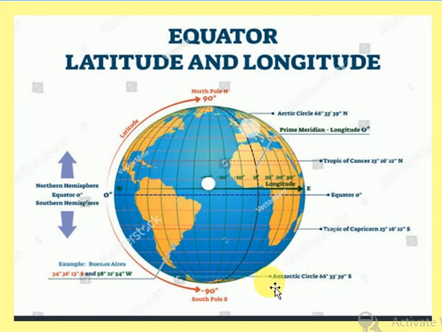On both sides you have the Antarctic, and here at North Pole and South Pole the angle is 90 degree. So above the equator is your northern hemisphere, and this is your southern hemisphere. This side of the prime meridian will be west, and this side again will be east.